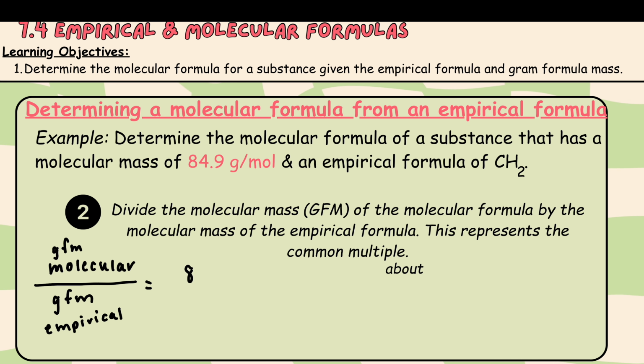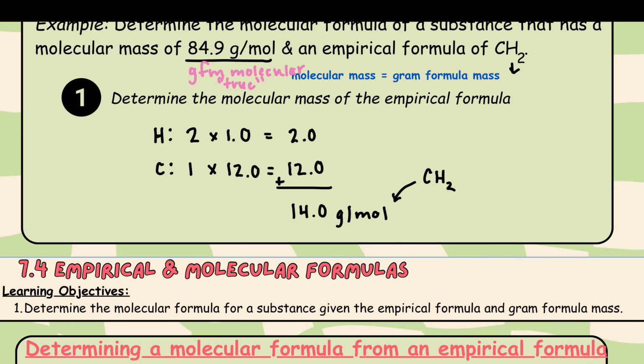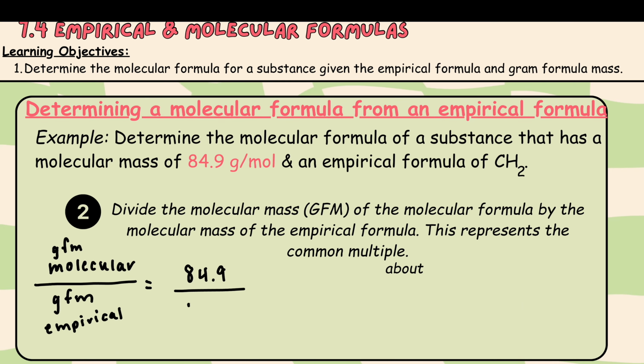So we take that 84.9 grams per mole that they gave us in the question, and plug in the empirical formula mass we found in the first step, 14. Plugging this into our calculator, we get 6.06. You're just going to want to round it to the nearest whole number, so that's about 6. We want our common multiple to be a whole number, like 6.